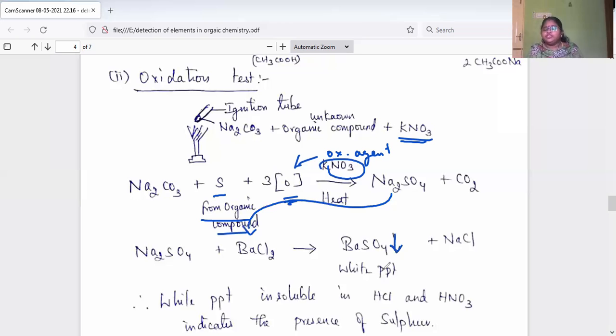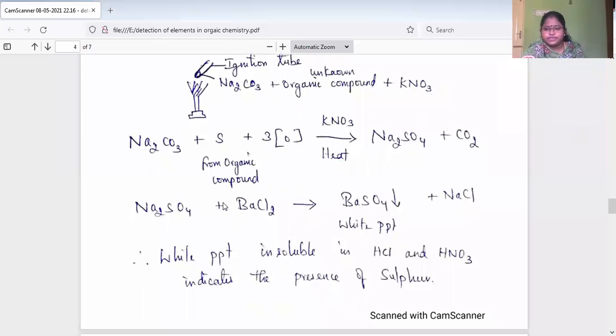This confirms it, and we also pour acid onto it. If the precipitate is not dissolved, meaning it is insoluble, then we can confirm it has sulfate, which means it has sulfur in it. This is how we do the oxidation test.